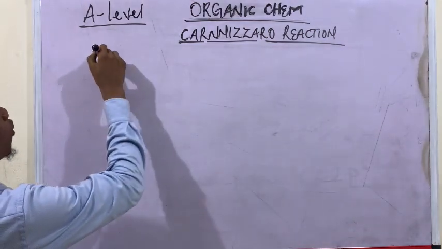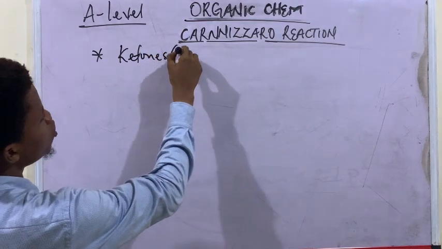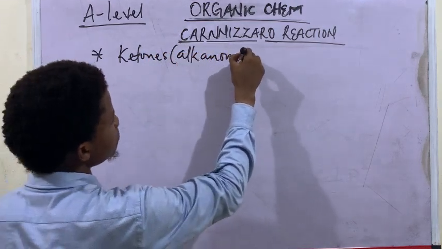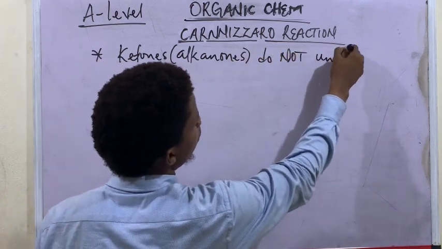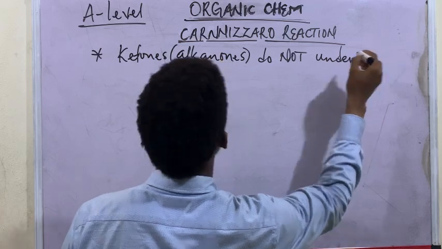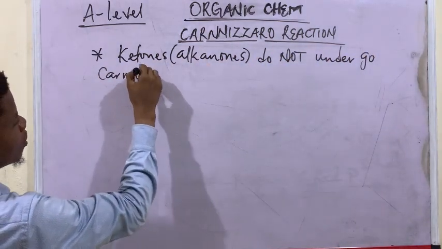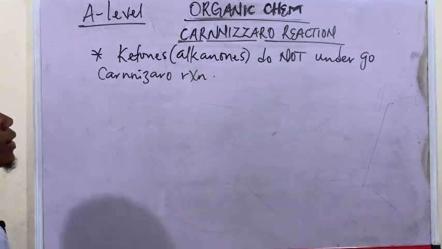First of all, ketones, also called the alkanones, do not undergo Cannizzaro reaction.